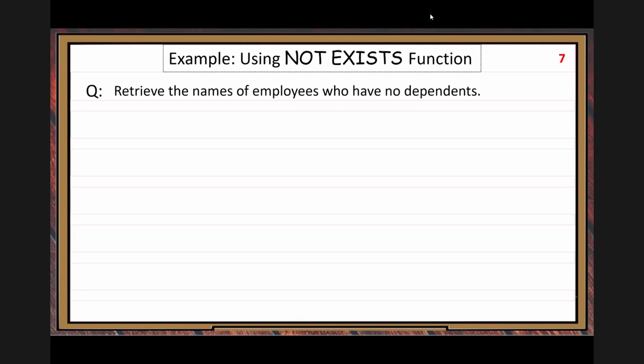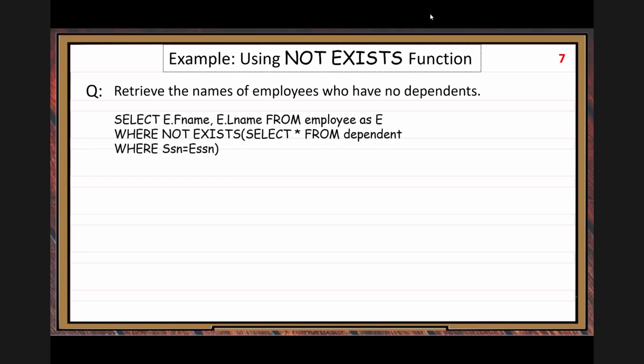The sentence is not long. See, the sentence is pretty short. Retrieve the names of employees who have no dependents. This is a simple example. So the first one, we use not exists, straightforward. Understanding is very easy. The next one will be harder. So this one, very simple.